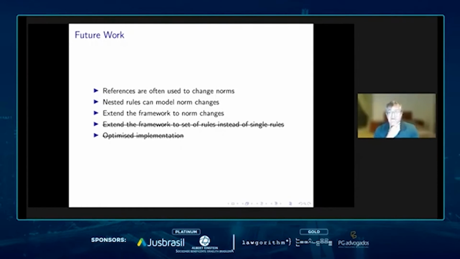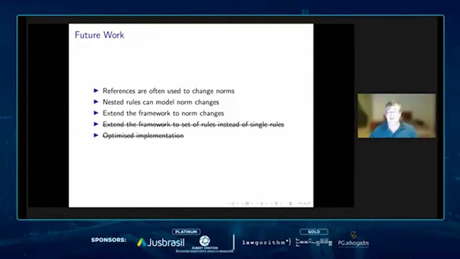Well, we have that references. One of the other possible uses of references is to represent norm changes. Very often when you want to modify some norms, you specify a reference and how to modify that particular reference.